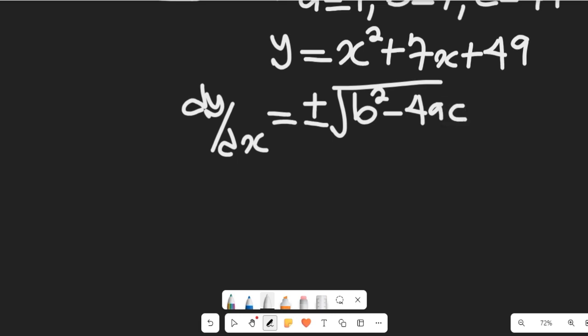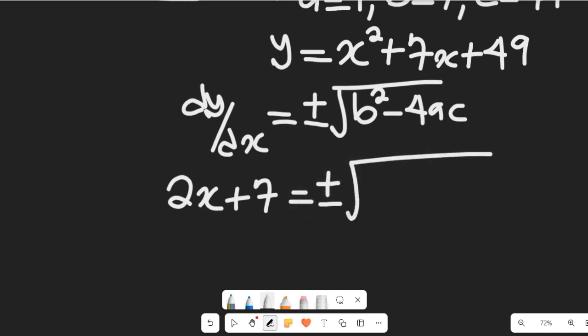If I differentiate this, I'm going to have dy/dx of x squared plus 7x plus 49, and that is going to give me 2x plus 7, equal to plus or minus the square root of b squared, which is 7 squared, minus 4 multiplied by 1 multiplied by c, which is 49.